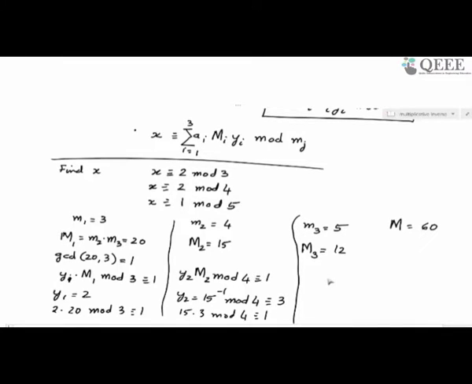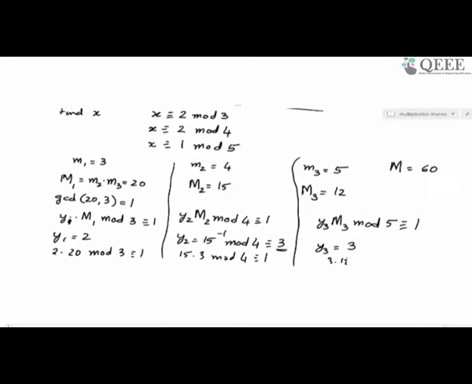Now in a similar way we can find y3, where y3 M3 mod 5 is congruent to 1, and we get y3 to be equal to 3 again. You see that 3 into 12 is 36, and 36 mod 5 is congruent to 1.